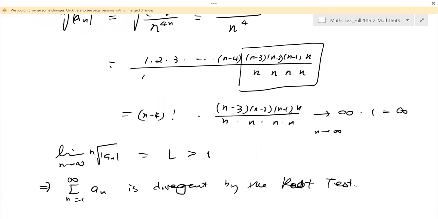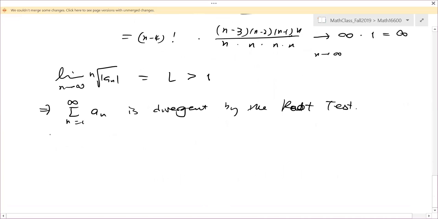Comparison test maybe works, but comparison requires more math skill. It's not easy. You have to compare. And you can try now. If this is a_n, you know it's going to be divergent, so it's going to be n factorial over n to the 4th power.